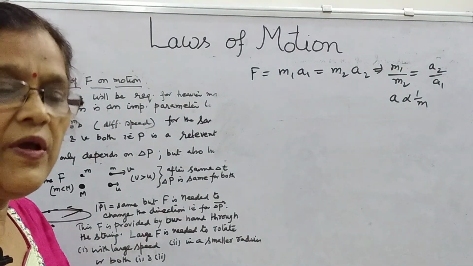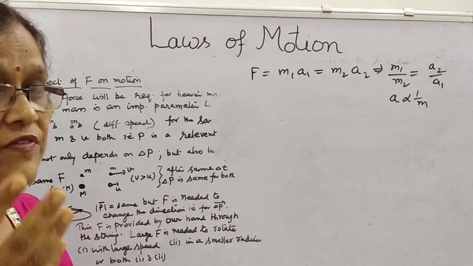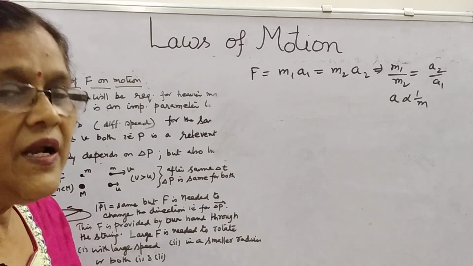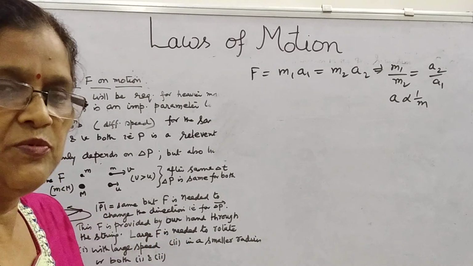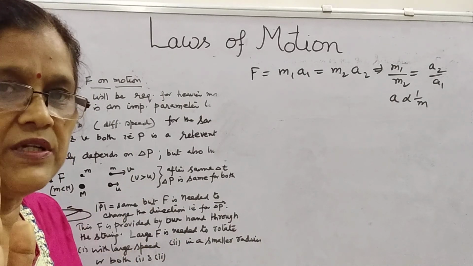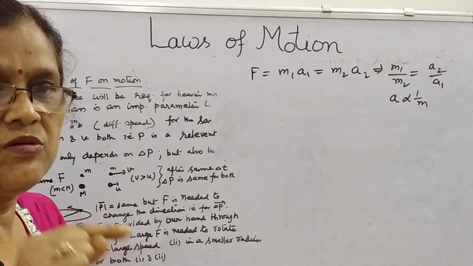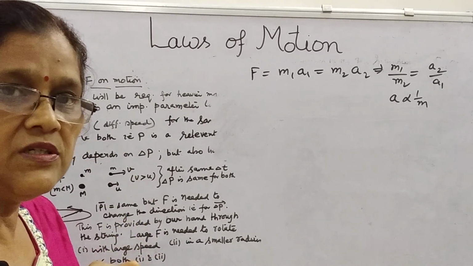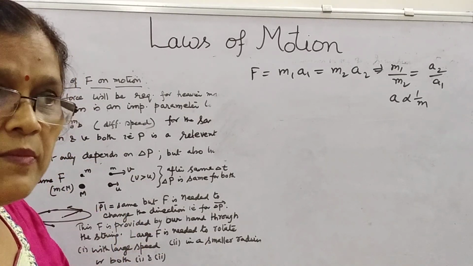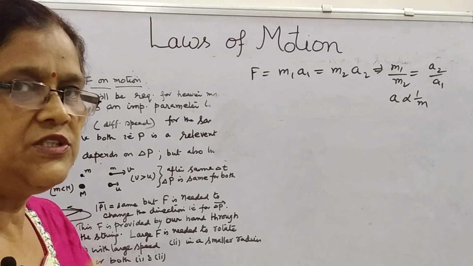That means if the mass of the body is given, then for a lighter mass object and a heavier mass object at rest, a larger force is required to change the position of the heavier mass. So the more the mass, the more the resistance to change its position. What is resistance to change of position?